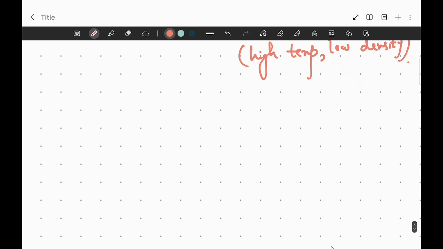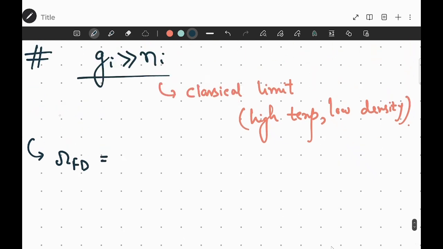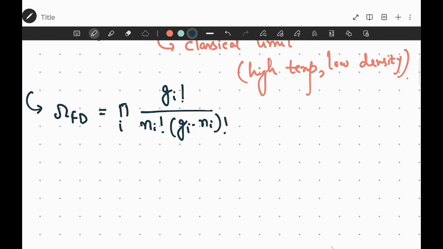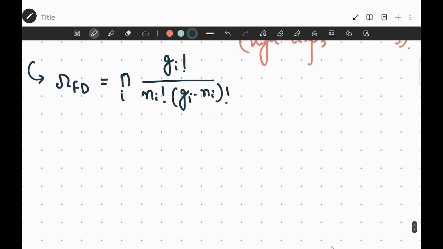So let me do it. Take the Fermi-Dirac. In case of Fermi-Dirac, gi greater than ni is always true, but here this is the classical limit, where gi is very much greater than ni. For Fermi-Dirac, it was gi factorial divided by ni factorial into gi minus ni factorial.